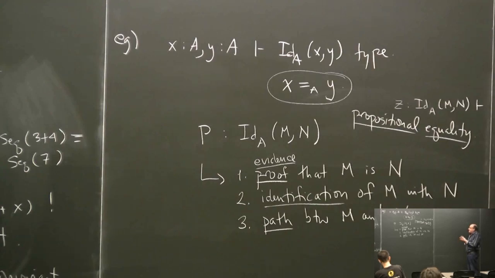If it were up to me, I would never use the word proposition. But this is pretty common anyway. And there are some possible confusions that will come up later because of other uses of that term. So let's just hold that in abeyance for the time being. Okay, so that's called propositional equality. As I mentioned, I think last time, you might call it typical equality, but it sounds really weird to say that. But okay, so you'll see that.